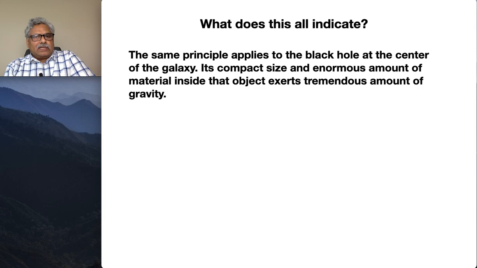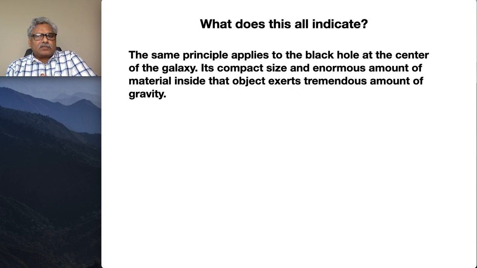The same principle applies to the black hole at the center of the galaxy. Its compact size and enormous amount of material inside that object exerts a tremendous amount of gravity. So we are basically misunderstanding the properties of matter and how it stores the energy and its relation to density.